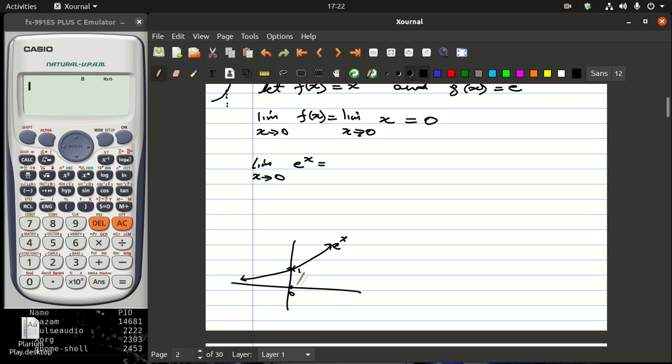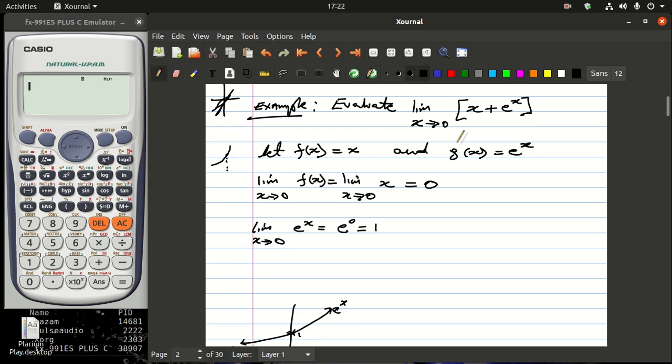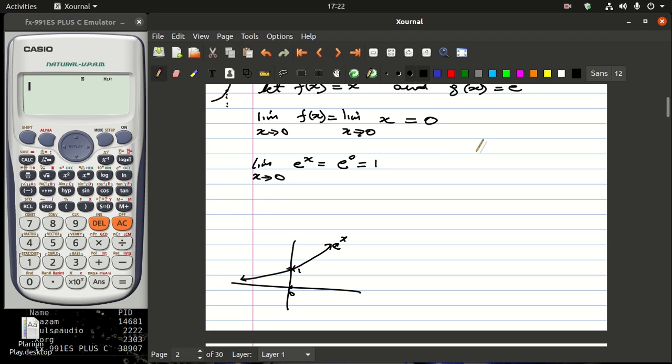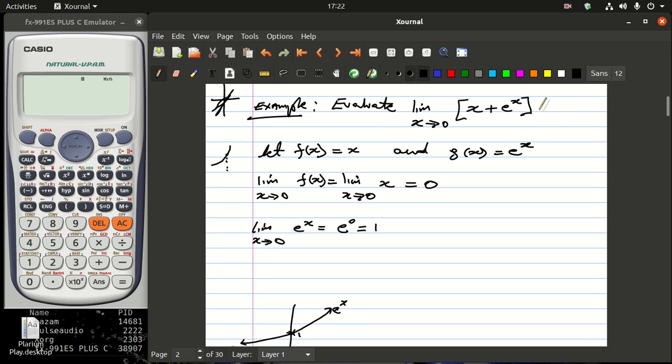The calculator is just going to say, that's just a 0, so why not just plug in a 0, and then a positive number raised to 0 is going to be a 1. Now, what this rule is saying is that this limit we are trying to evaluate is equal to 0 plus 1, which is 1. That's what this is saying.